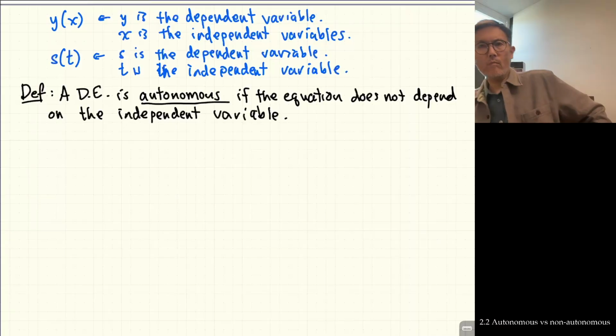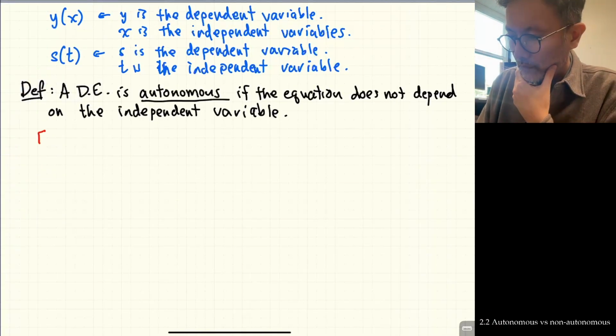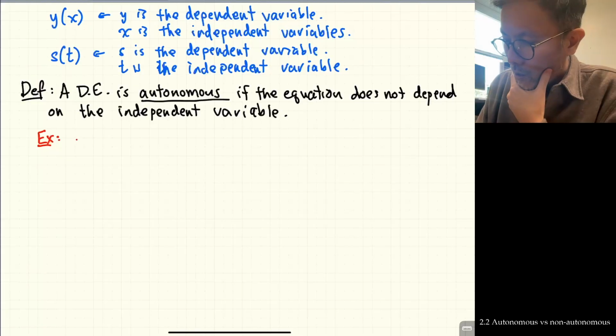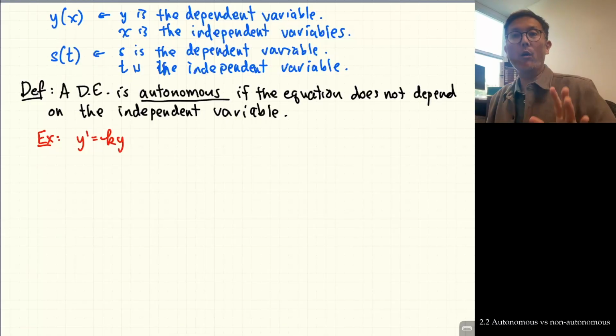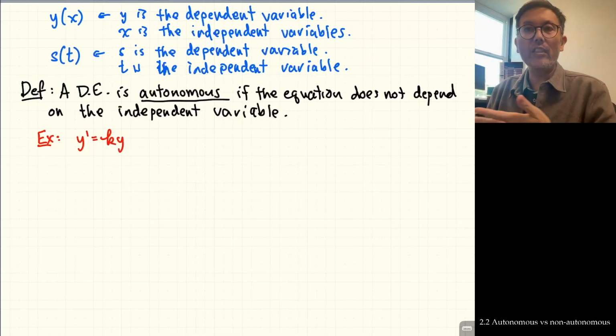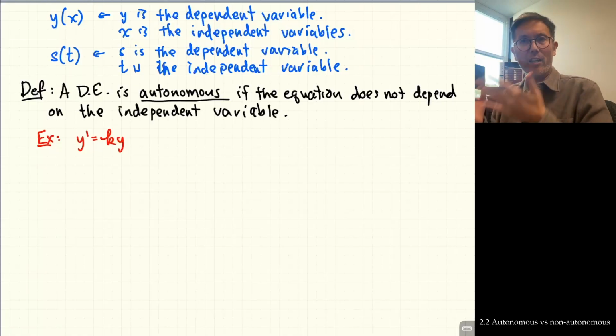Alrighty. So some examples. y prime equals ky, rather. This is, I hope you recognize at this point, the exponential growth equation. And this is an autonomous equation.